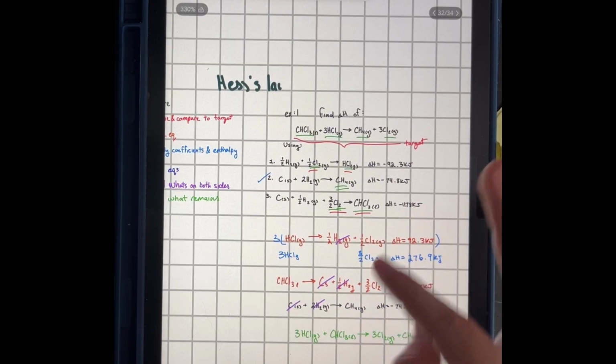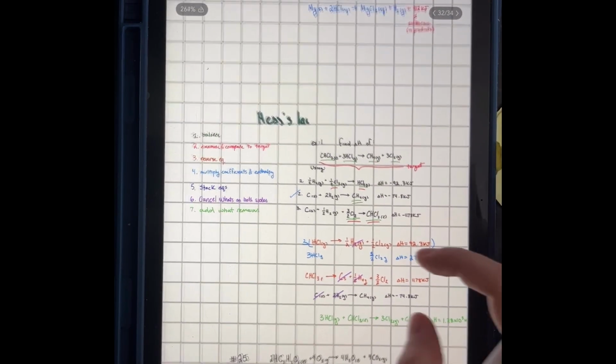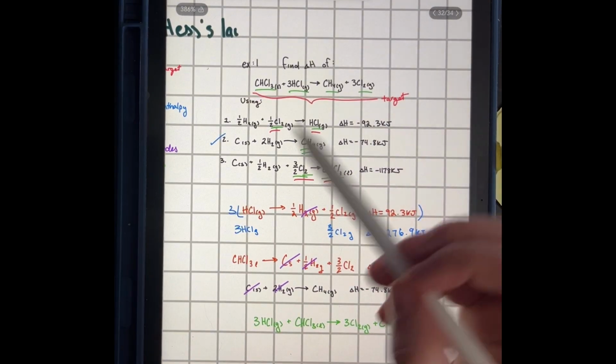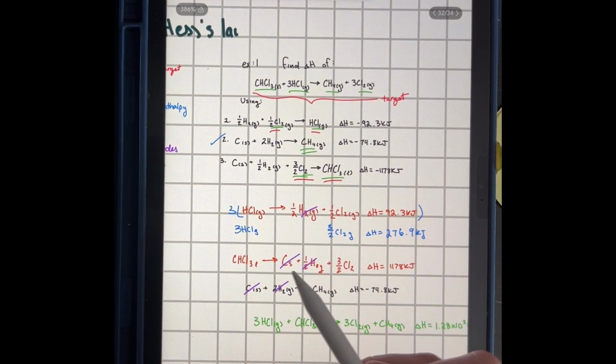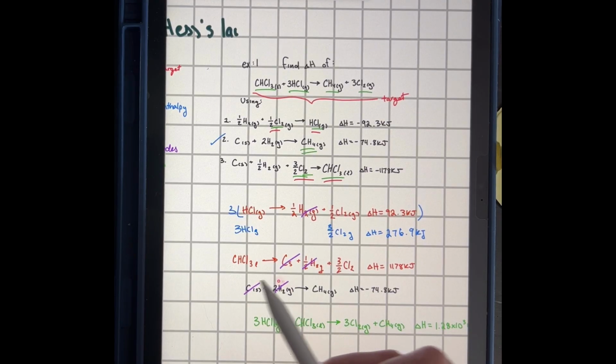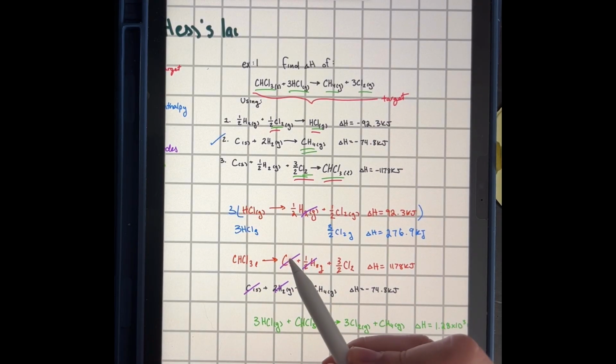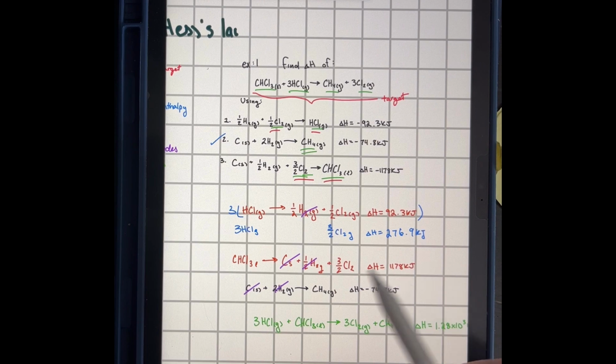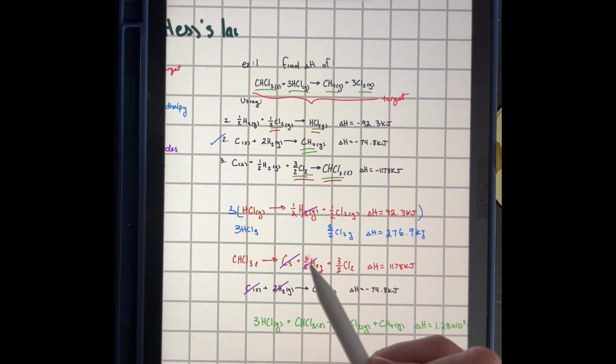I know it's a little bit messy, but now we can cancel what's on both sides. So if we have a C on our reactant side, we also have a C on our product side, so those can cross out. H2 on the product side, H2 on the reactant side, we can cross out, except that this one is 2. This one's only 1/2.